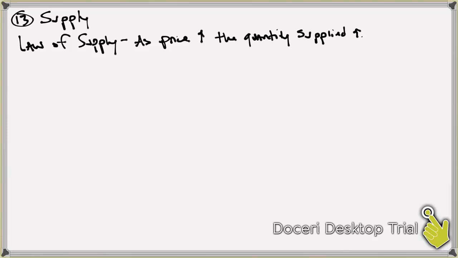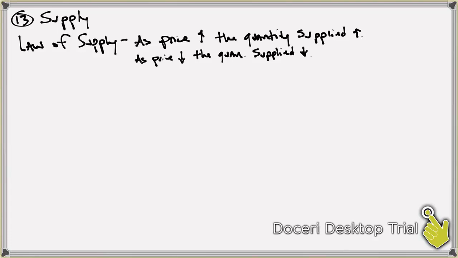As price decreases, the quantity supplied is going to decrease. And that's the law of supply.